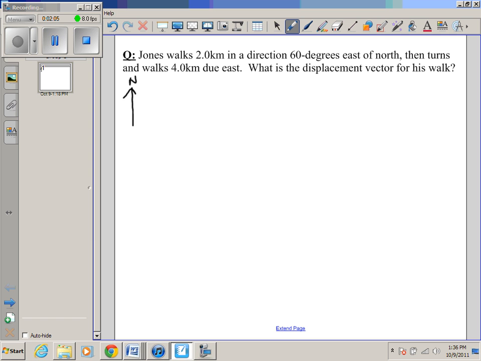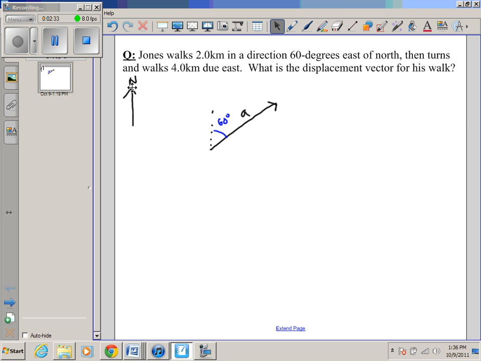So 60 degrees east of north means this. This is my vector. Let's call it A for the purposes of our calculation. And this is 60 degrees east of north, meaning that this angle right here is 60 degrees.